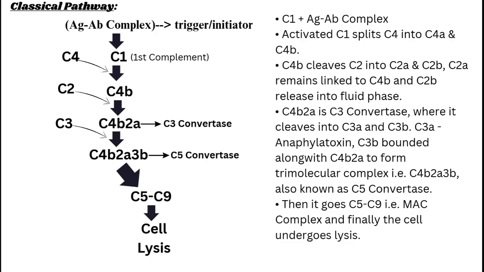Now this C4b2a will cleave C3 into C3a and C3b. So this C3a is the anaphylatoxin, and C3b will be bound along with the C4b2a to form a trimolecular complex, C4b2a3b, which will be considered the C5 convertase, because in the further step it will cleave C5.